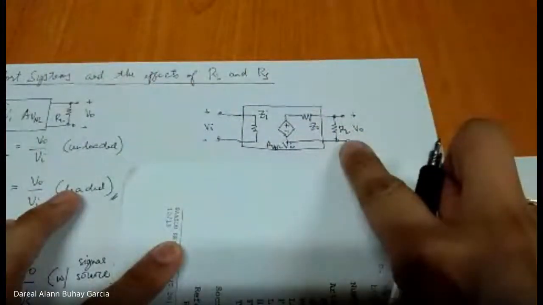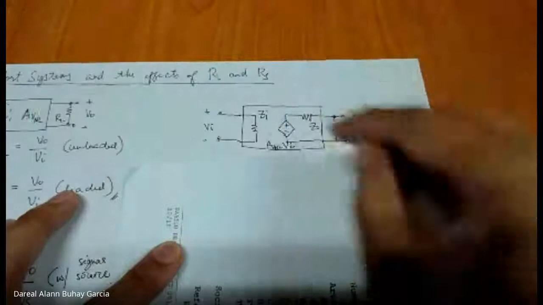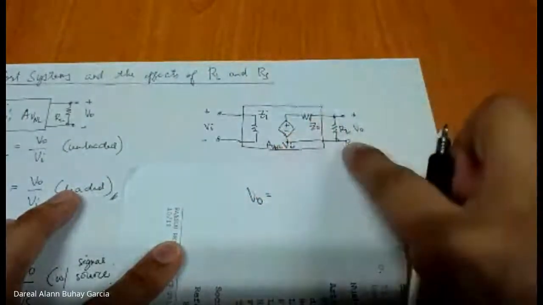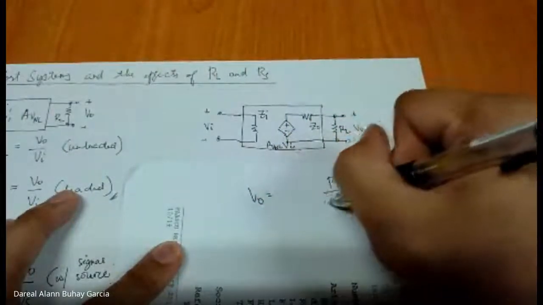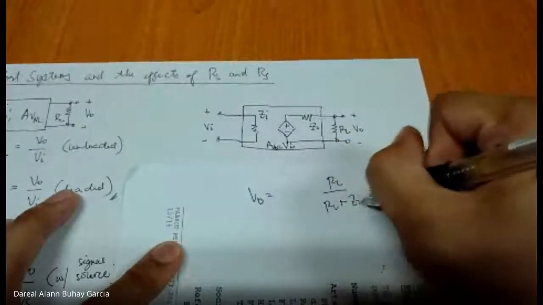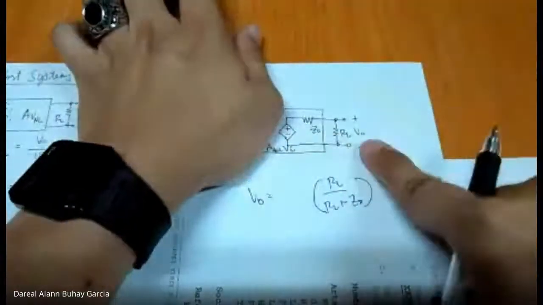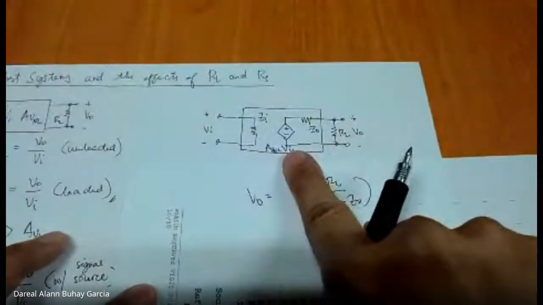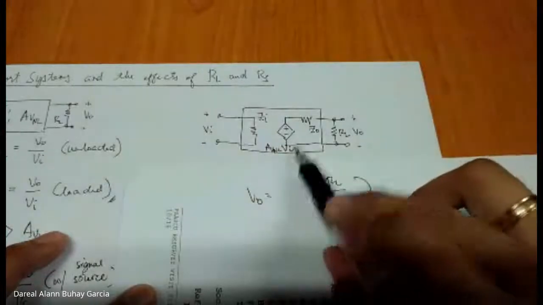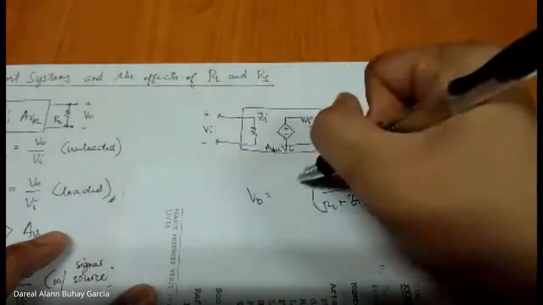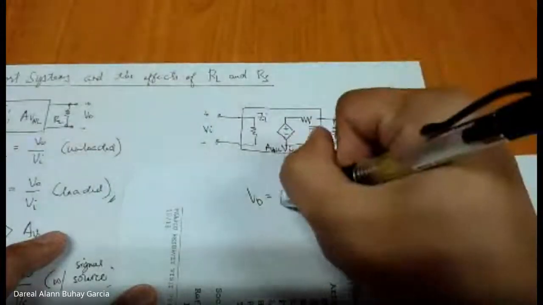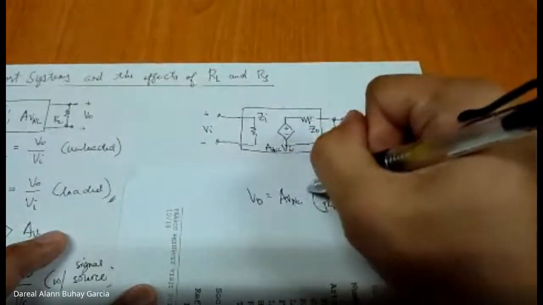Voltage divider, right? VO is equal to RL over RL plus ZO times the voltage source on that side, which is AV NL times VI.